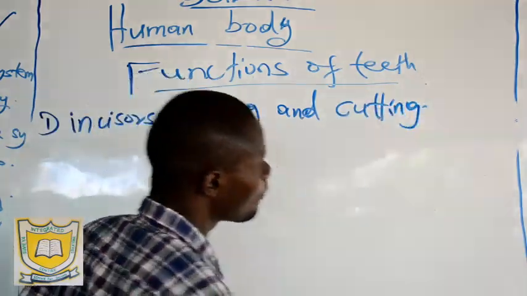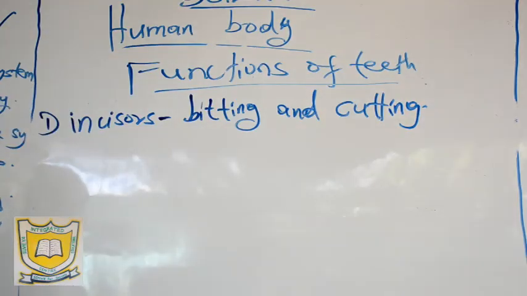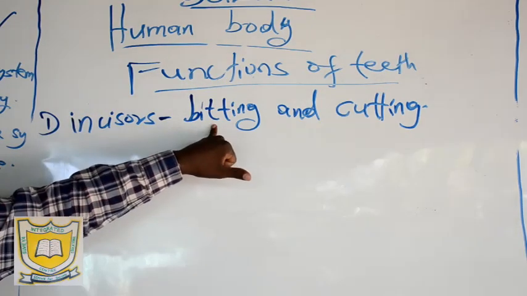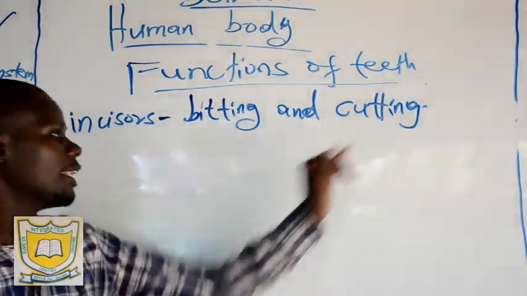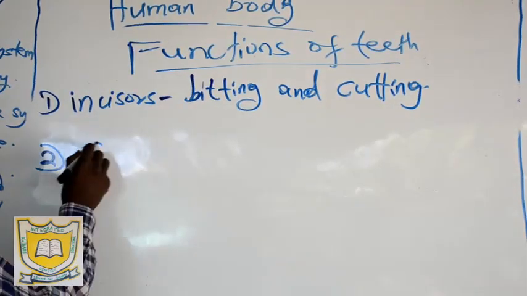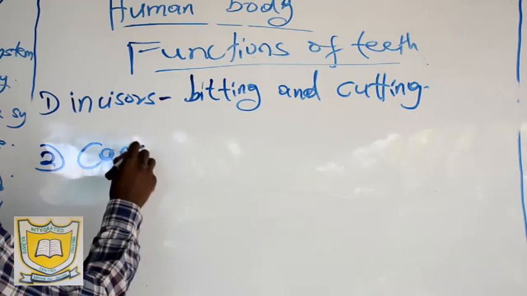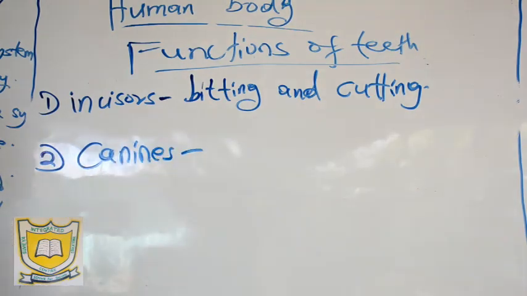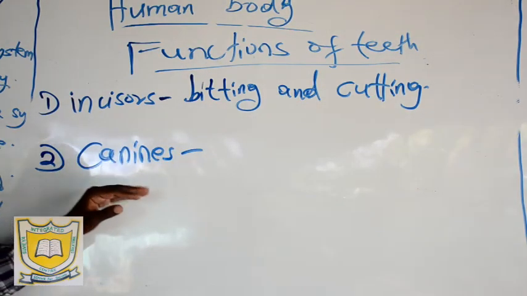Now the first type of teeth, which is incisors, are chisel-like, and the function is biting and cutting. The second type of teeth, we have the canines. Now what is the function of human canines?